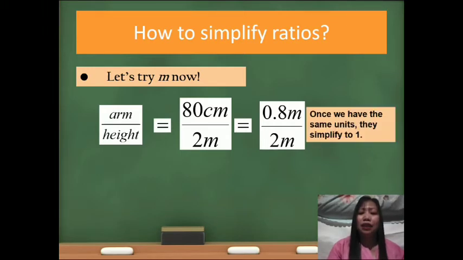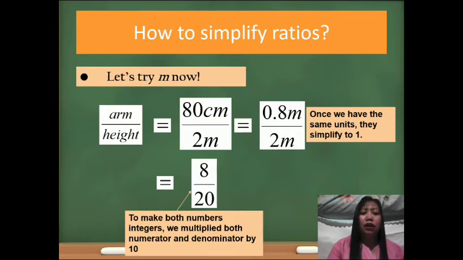Once we have the same units, they must simplify into 1 or an integer. So to convert them into integers, we multiply both numerator and denominator by 10. So the result is 8 over 20.